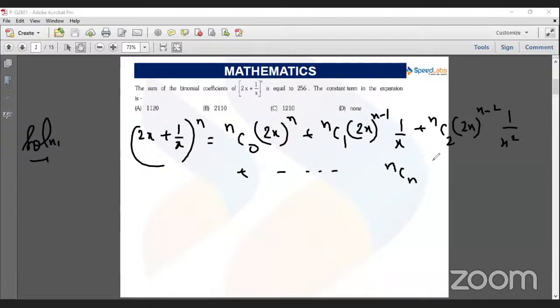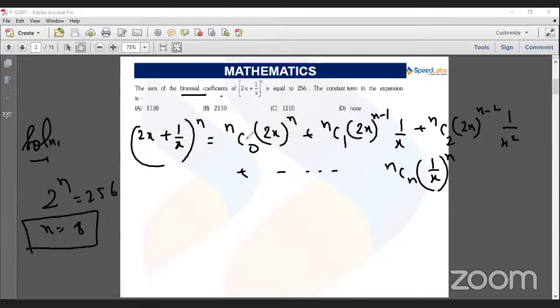Last term is nCn 1 by x power n. And the sum of the binomial coefficients, it says just the binomial coefficient sum, so it will be 2 power n is 256, so n is equal to 8, right?